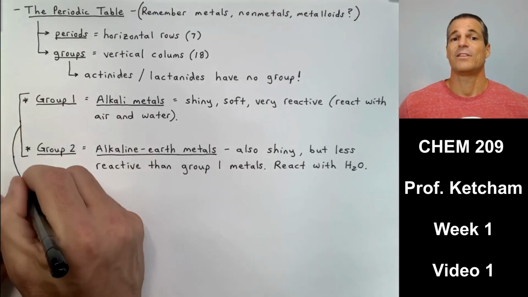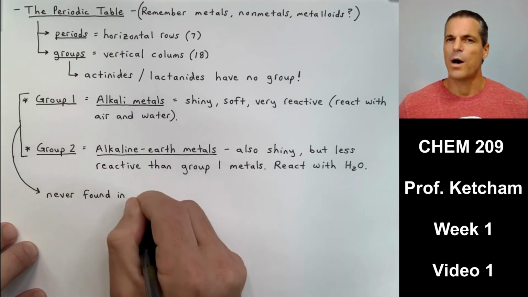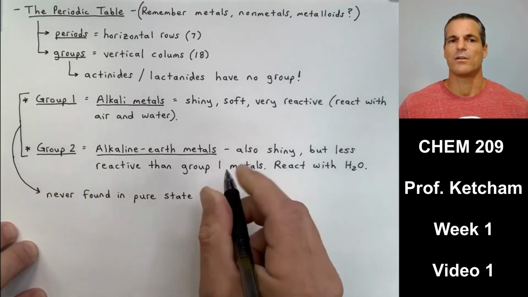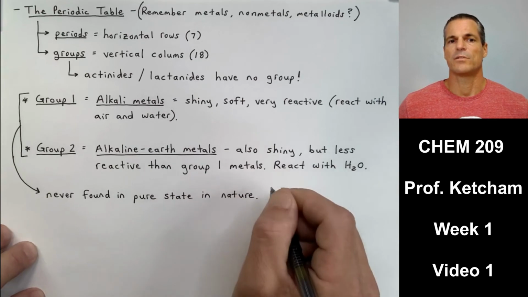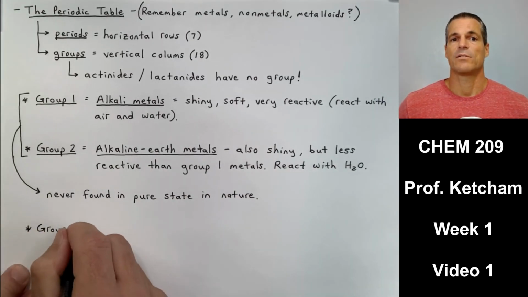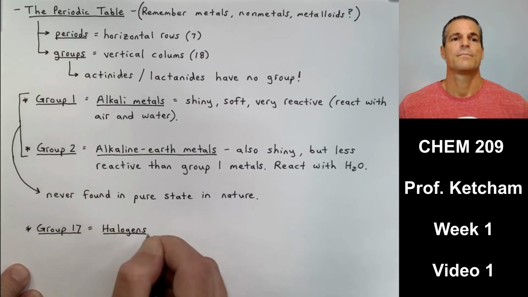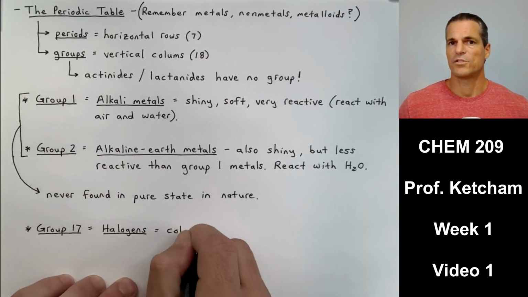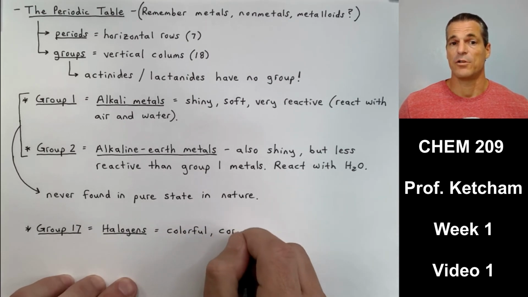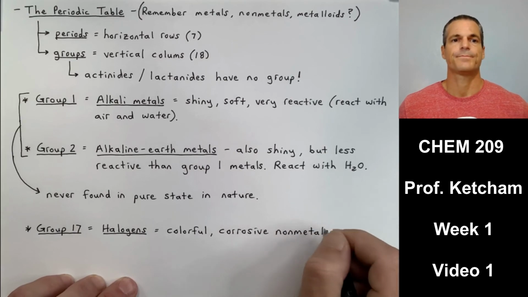And they're also less reactive than the group 1 metals. They do react with water, but they don't react with air. So the alkaline-earth metals are things like magnesium and calcium. Alkali metals are things like lithium, potassium, sodium, group 1. So group 1 and group 2 are so reactive that they're not found in their pure states in nature. They're usually found in compounds.